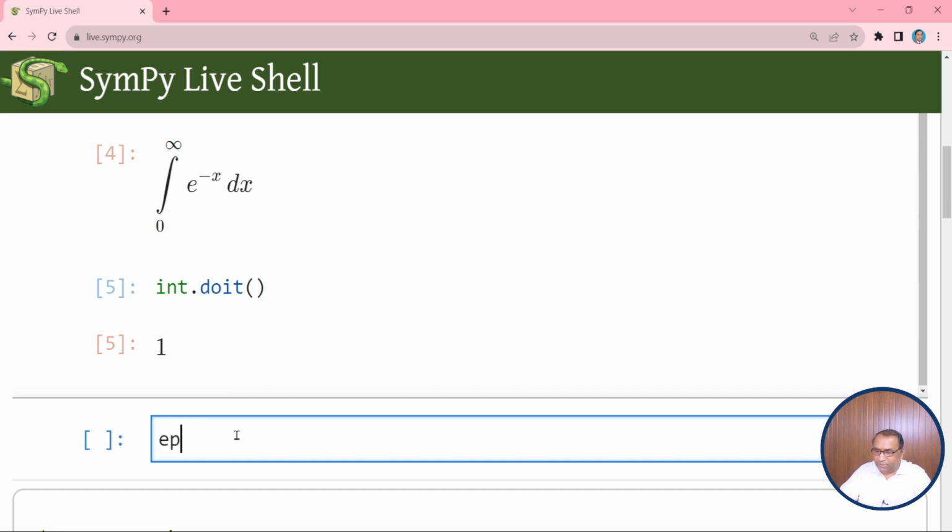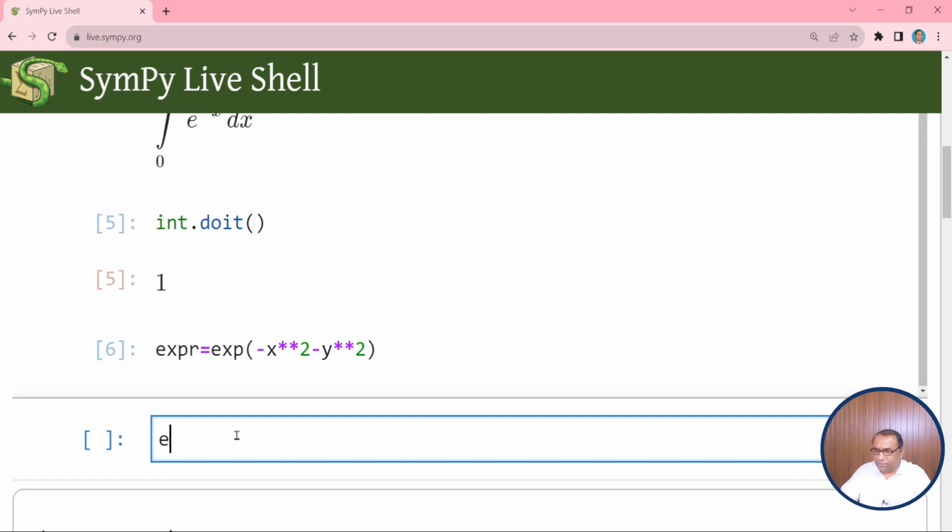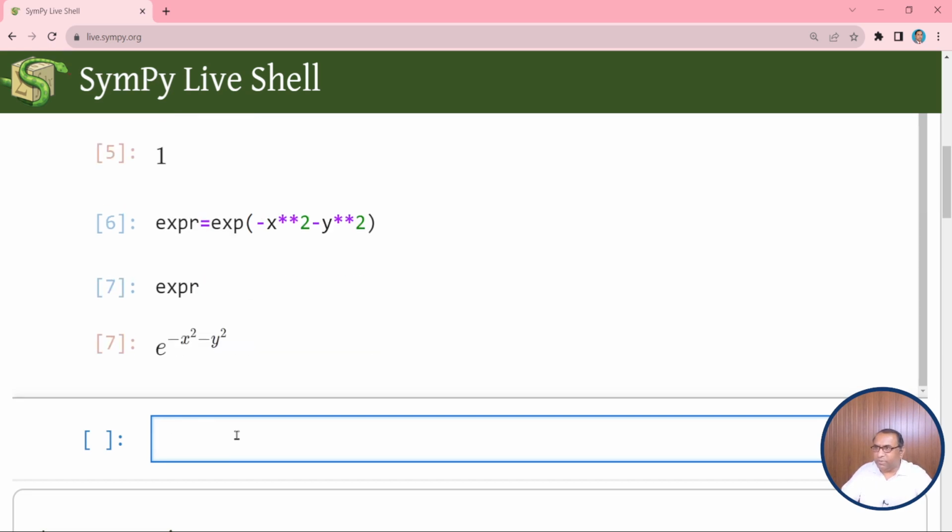Similarly, you can choose one more expression. We have expression is equal to exponential of minus x square minus y square. Here we have two variables, then enter. So this is the function which we chose, and if you want to print, then again enter expression. Now there are two different ways to integrate this one, and the limits of x and y both are from minus infinity to infinity.